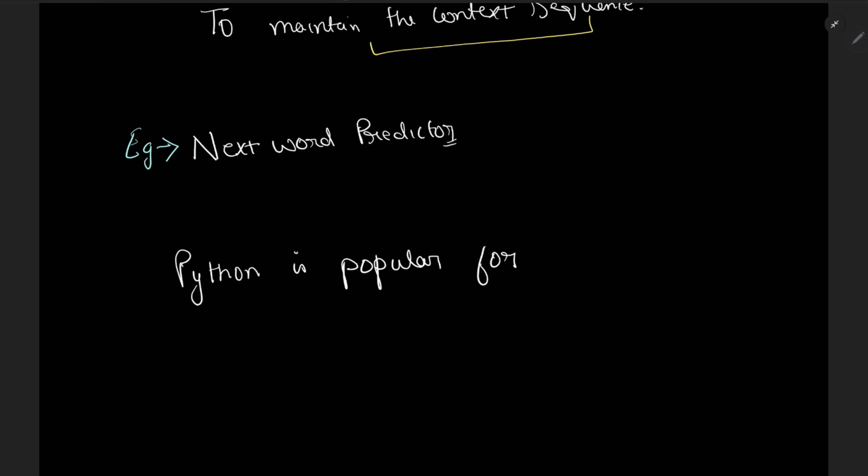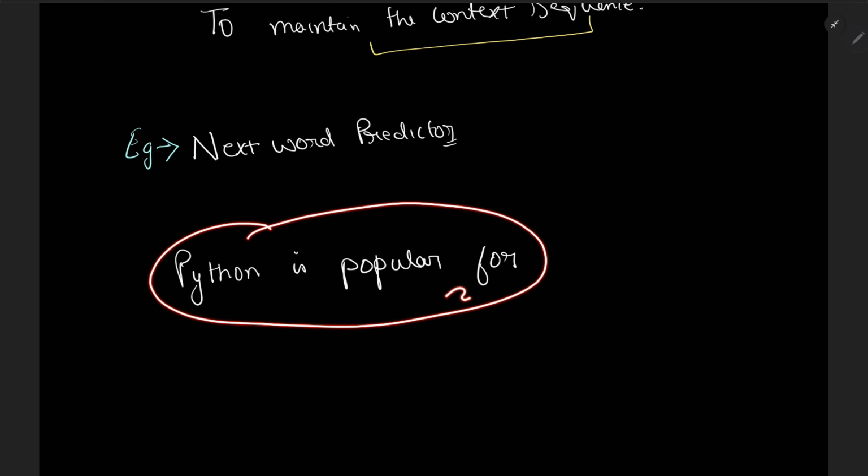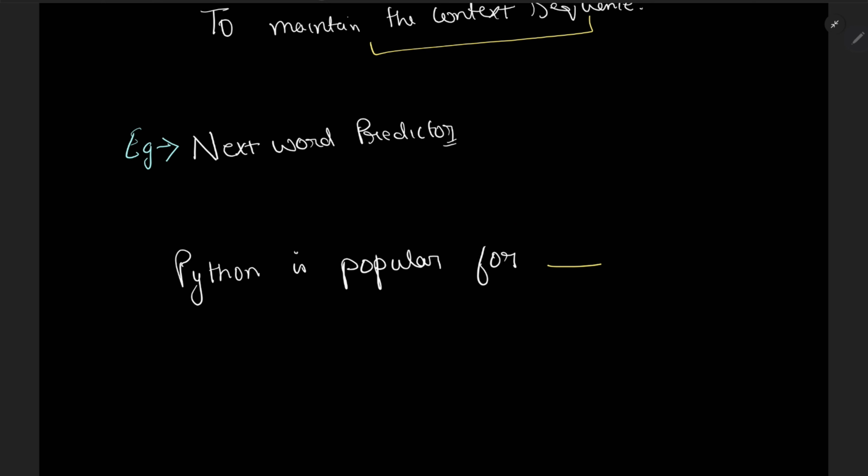If I pass this as an input to our recurrent neural network, then it will give us a next word for this sentence. That next word will be contextually a good fit for the sentence. Let's say the RNN has predicted the output ML. We can see this ML is a contextually good fit because it is contextually dependent on one of the words of the sentence.